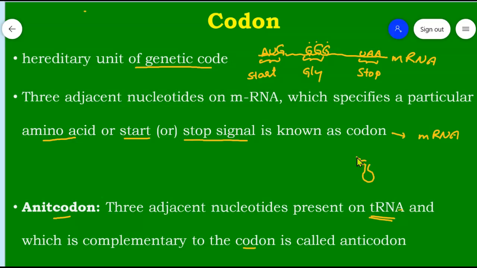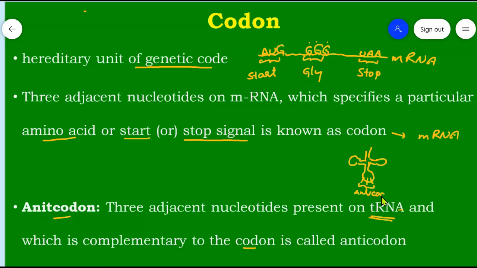If you remember correctly, the tRNA structure is a clover leaf like structure having 5' and 3' ends, and it has the loops like amino acid acceptor arm, T-psi-C loop, DHU arm and anticodon arm. This anticodon arm contains the anticodon.